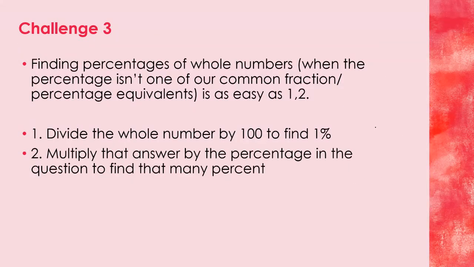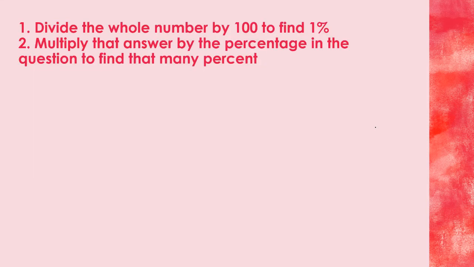But sometimes we are going to get a percentage question that is not one of those common fraction percentage equivalents. Therefore, we need to follow the two-step guide. And remember, the two-step guide is: number one, you divide the whole number by 100 in order to find 1% of that number, and then you multiply that answer by the percentage in the question. So let's have a go at one of those together.